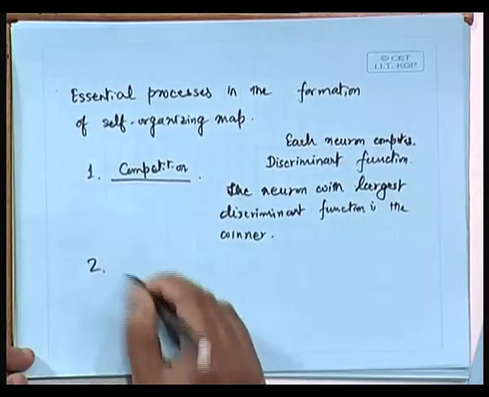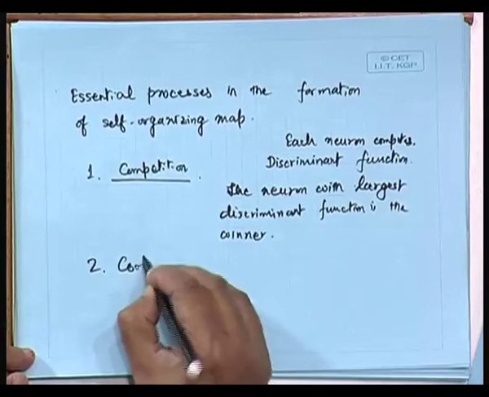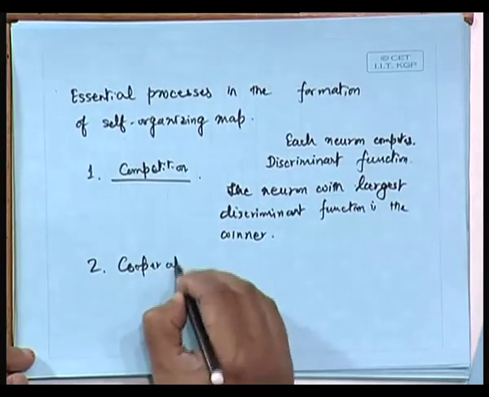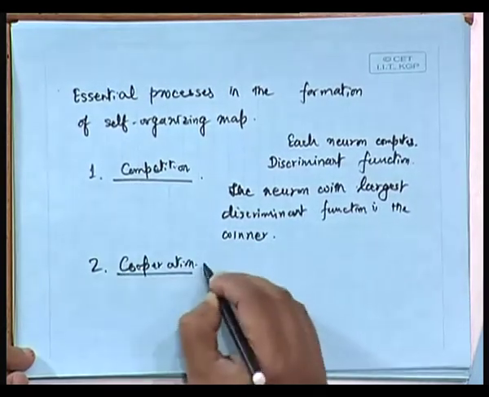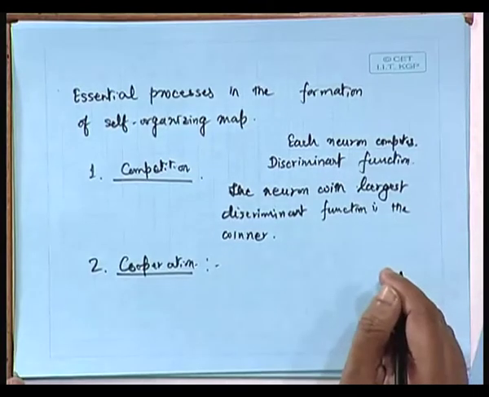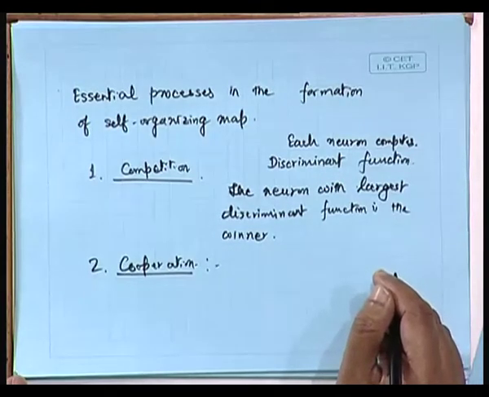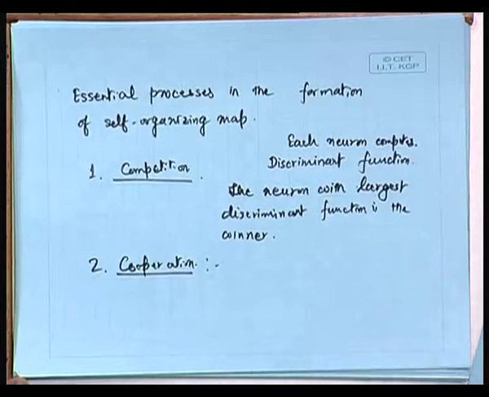And then next comes the step of cooperation. Now, the winning neuron determines the topological neighborhood of excited neurons, because as I was telling you, the neuron that wins the competition excites the neighboring neurons surrounding it.